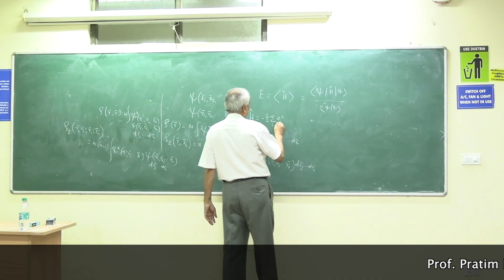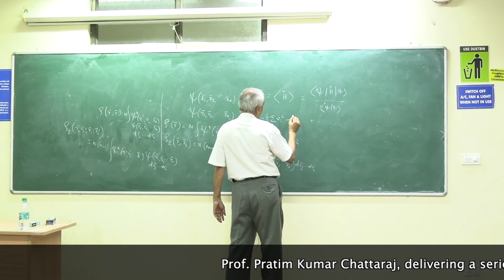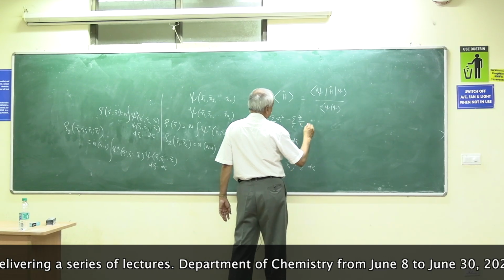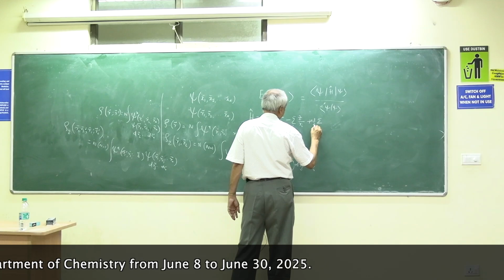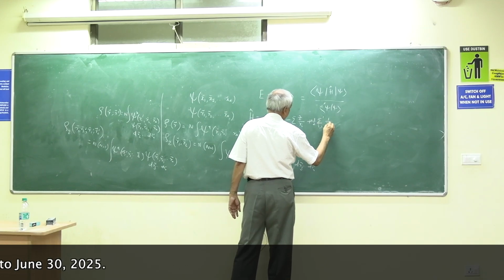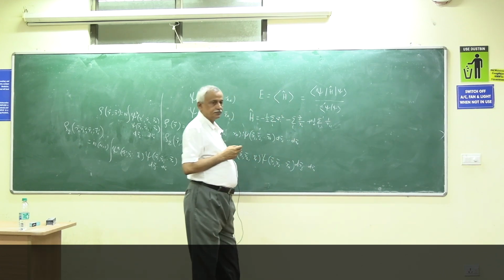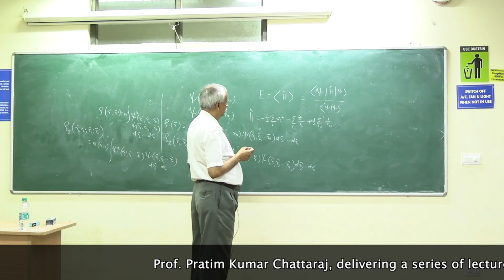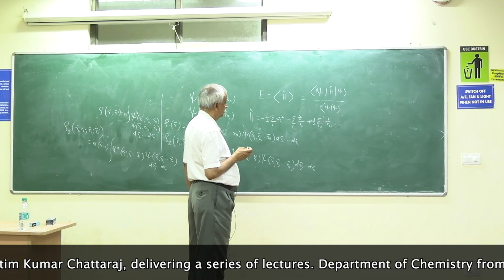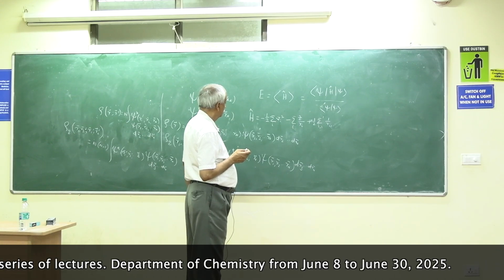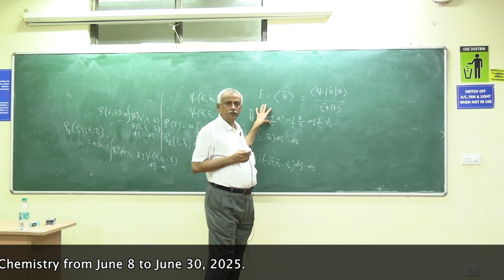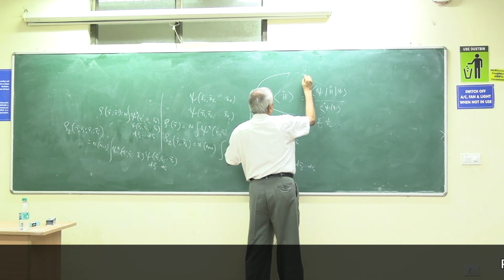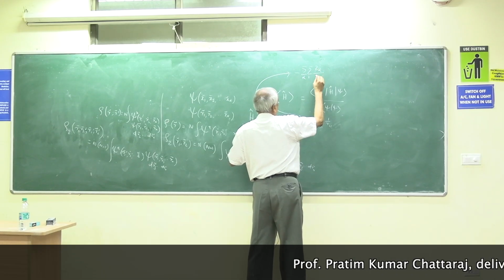So you have minus half del i square, then minus, I am writing for an atom, sum over i Z by Ri, plus half sum over i, j of 1 by Rij. This is your kinetic energy operator, this is the electron-nuclear attraction operator, and for molecules this term would be minus sum over alpha, sum over i Z alpha by R alpha i.